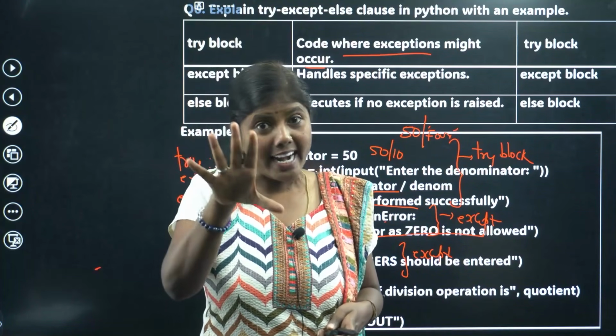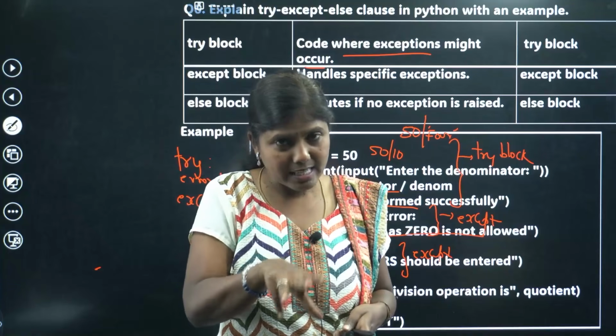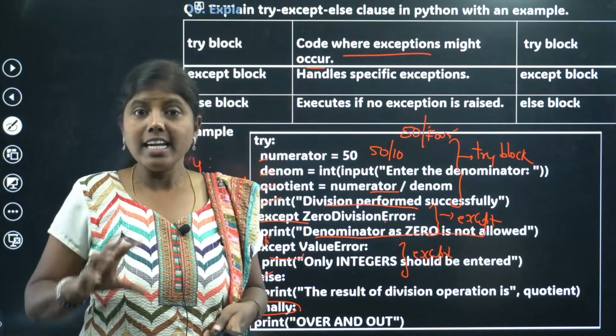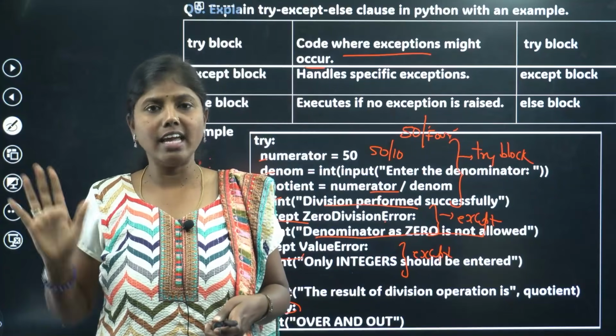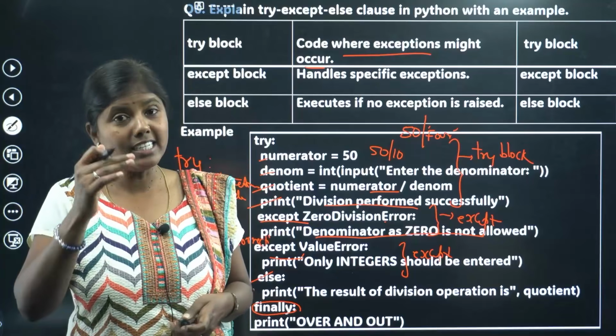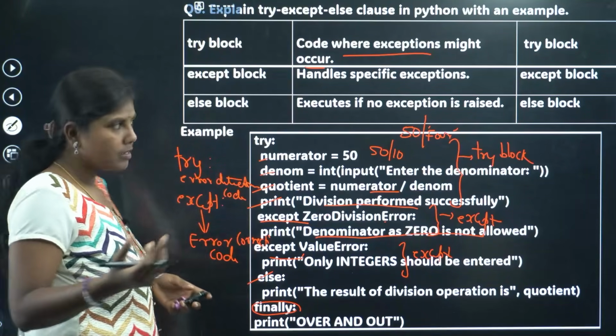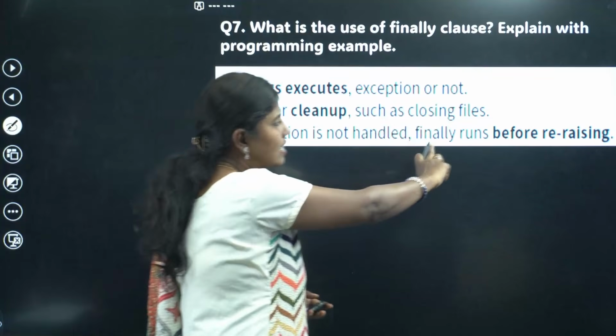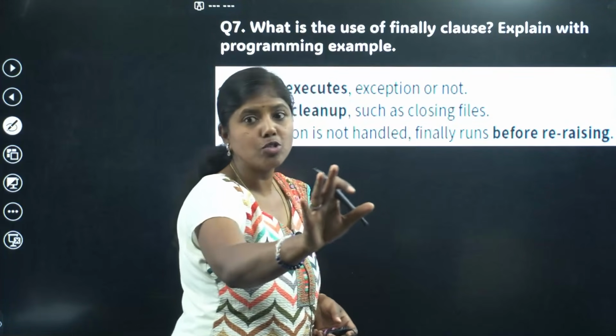If it's not handled by the programmer in the except block, it will finally be taken care of by the finally block. It re-raises the exception if it's not handled by the programmer. Is the point clear? That is what we mean by the exception not being handled: it's going to re-raise the exception.